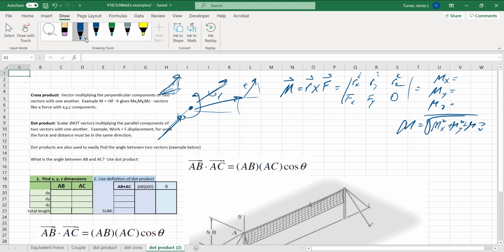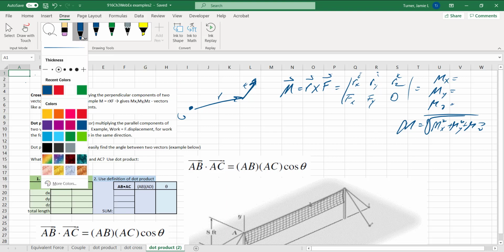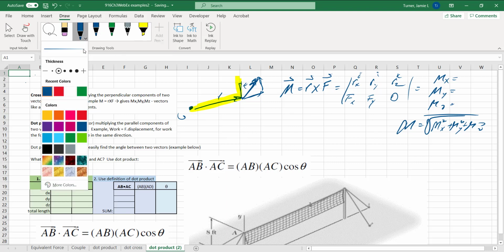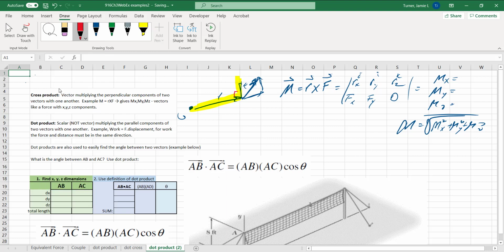The point of a cross product is to figure out, if I take this force and divide it up, how much of that force is in the same direction as this R versus how much of that force is perpendicular to it. So for a moment, you're looking for the perpendicular piece of those two vectors.